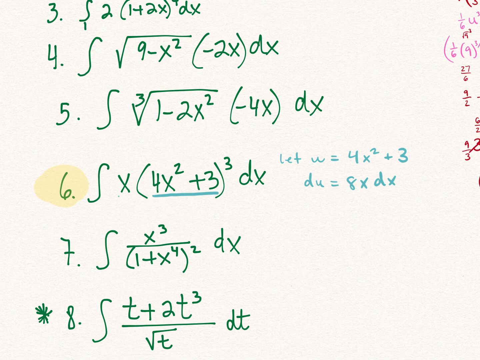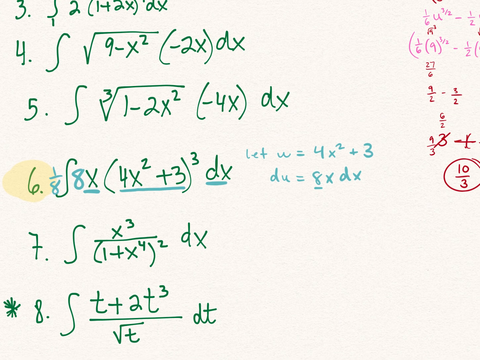And then I have an x dx, but what am I missing? I'm missing 8. So I'm going to put an 8 in here. But then what else do I have to do? Multiply by 1/8 on the outside. We got to keep this balanced. So now I'm going to substitute in.